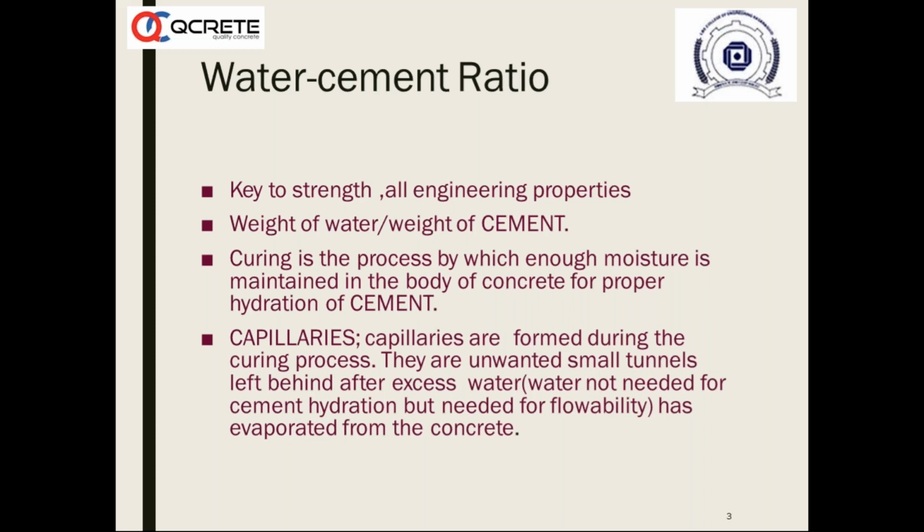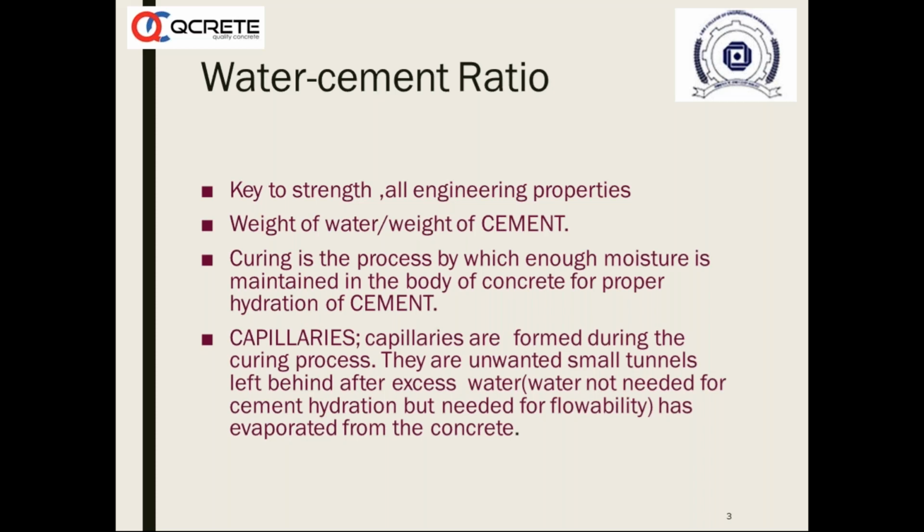But what happens in reality? In reality, in the mix designs, we have 160 liters. You refer to any mix, it says a water content. I'm talking about free water content. The free water content is the water which is available for cement to undergo hydration. So this free water content, what we add into the body of concrete while mixing, will range between 140 to 160, sometimes 180 liters of water.